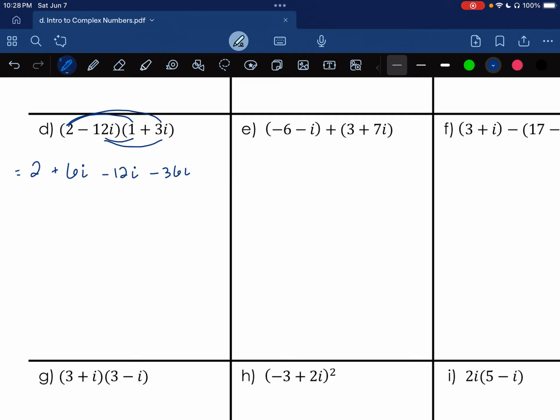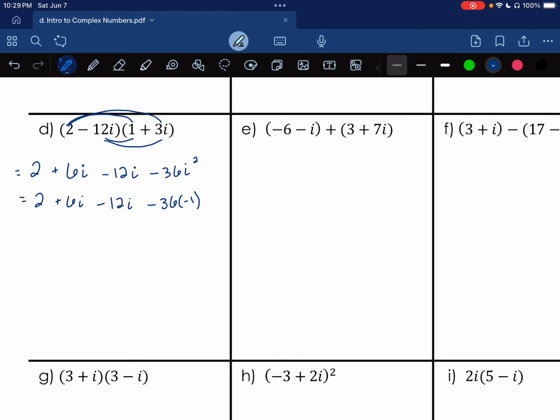And don't forget, we know the i squared, right? That's really negative 1. So let's go ahead and replace that. So we'll have 2 plus 6i minus 12i minus 36 times negative 1.